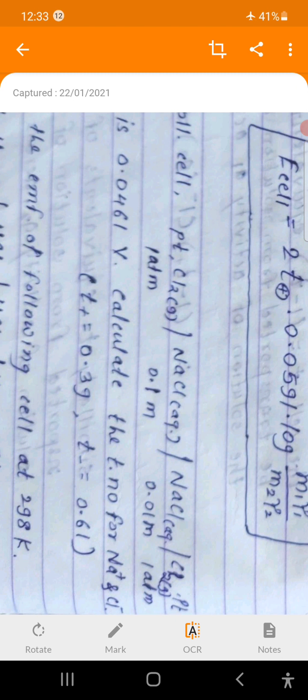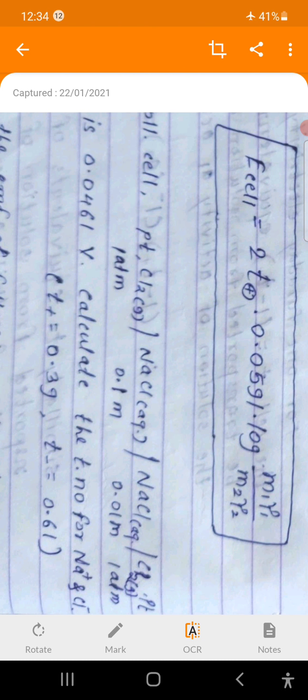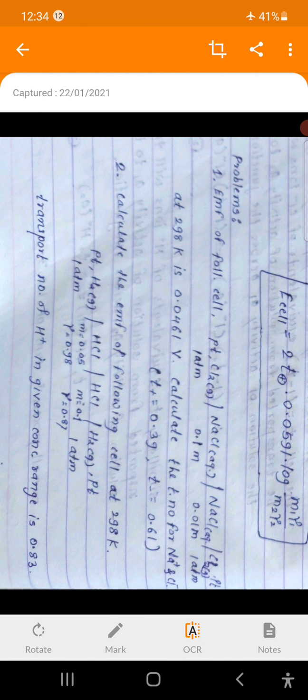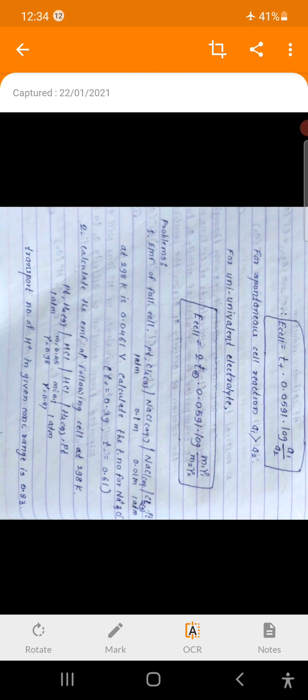For each type of cell, the EMF equation is different. You first choose the type of cell given, and you choose the correct EMF equation for that cell, and by using that EMF equation you can calculate the EMF for any given concentration cell, that may be an electrolyte concentration cell or an electrode concentration cell.